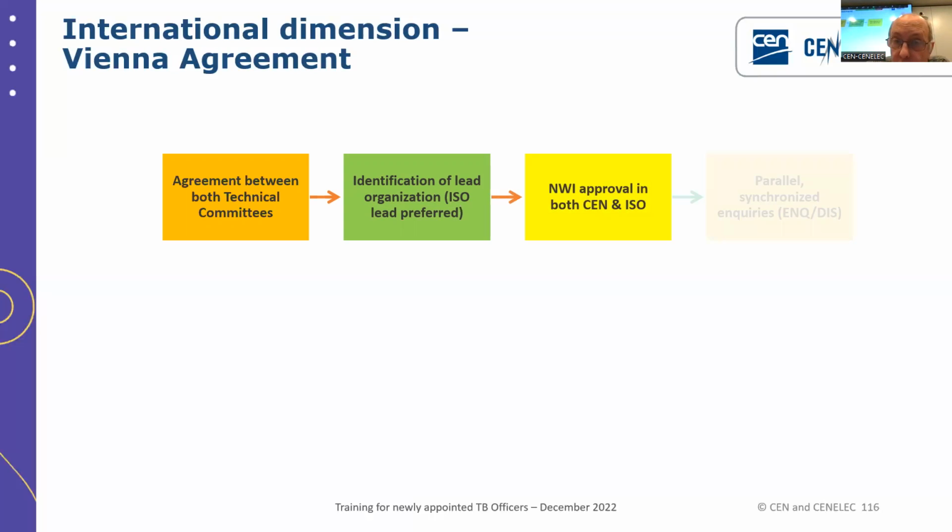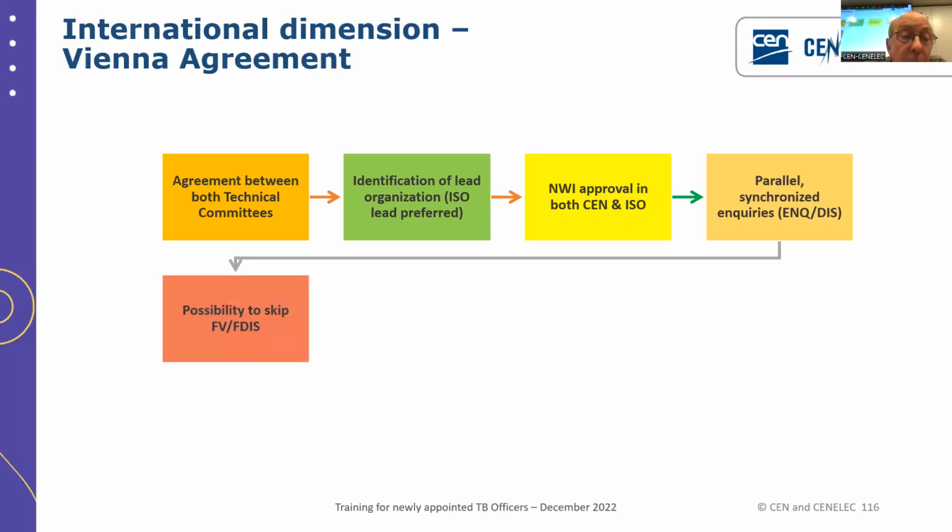As mentioned already, a new work item is to be created in both the CEN and ISO committees, and then the two central secretariats in Geneva and here will synchronize for the launching of the inquiry and also for the launching of the final vote.